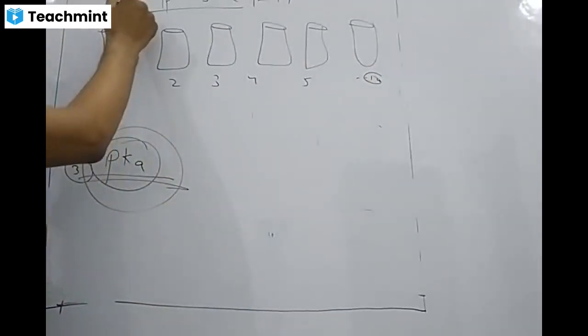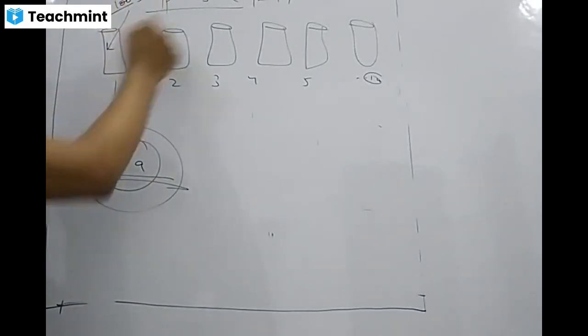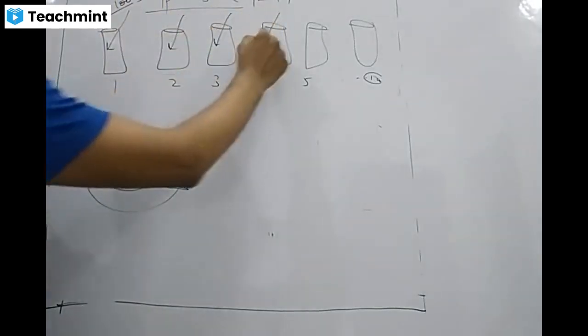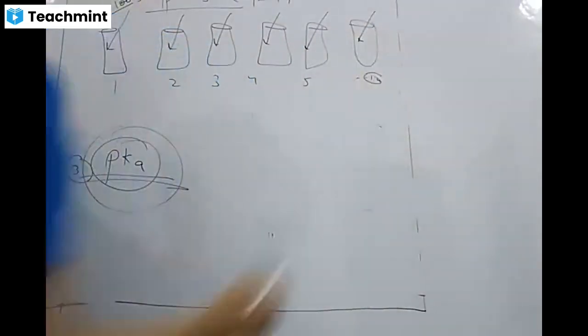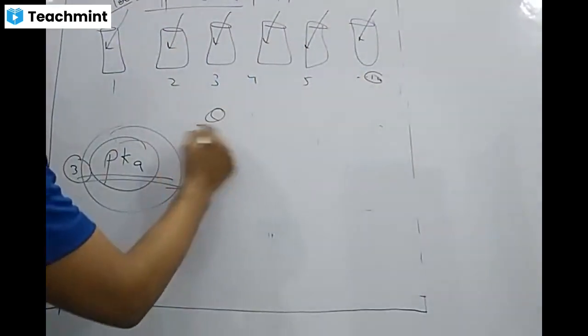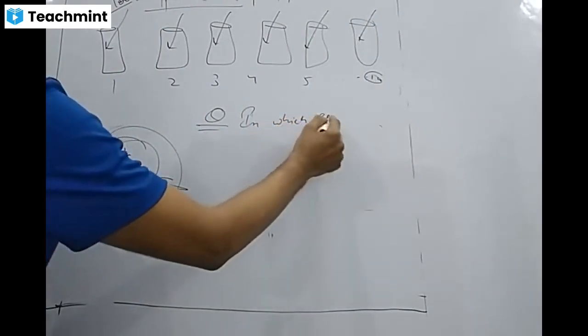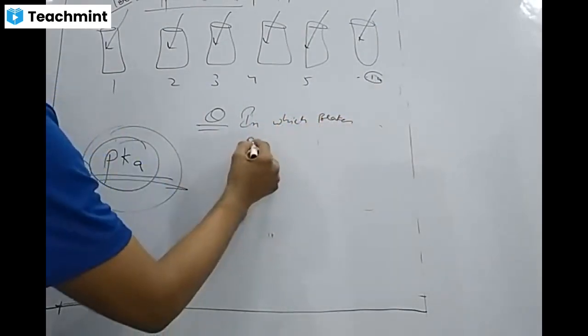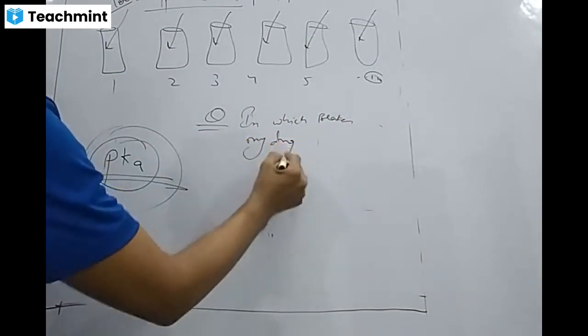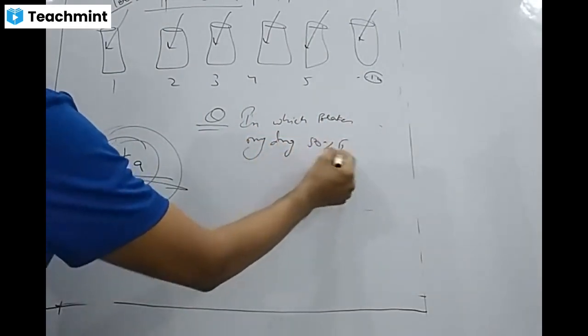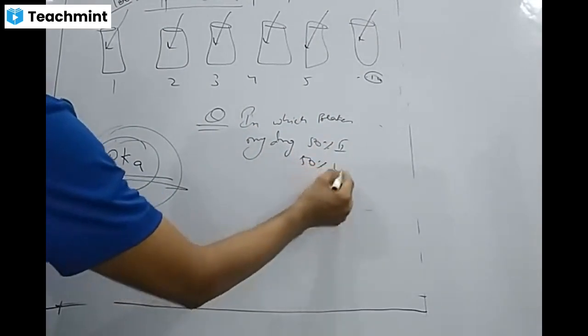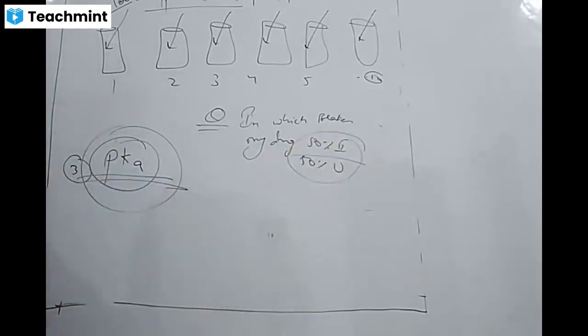And I'm adding 100 milligram of drug to each beaker. My question is, in which beaker will my drug be 50% ionized and 50% unionized? This is the question.